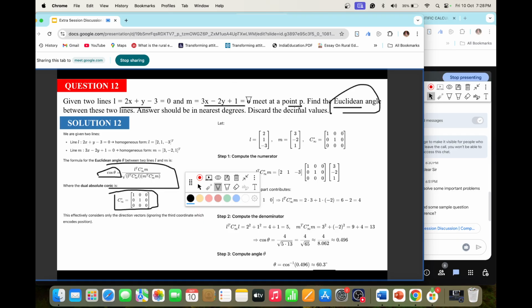I have told you that this angle formula is very important, that one question could definitely come. So please remember this formula, and from this you just have to remember this term, C infinity star, that is the dual absolute conic matrix. Please remember these two formulas, very important to get the Euclidean angle between the two lines.